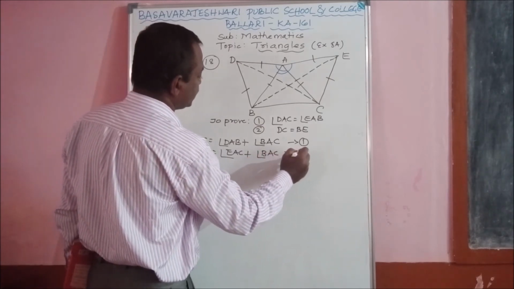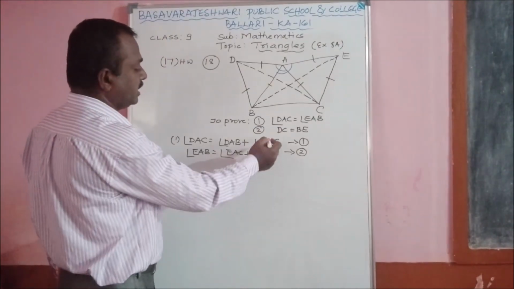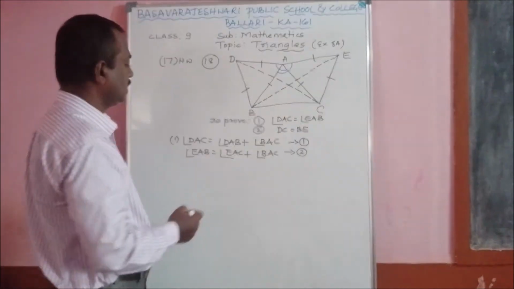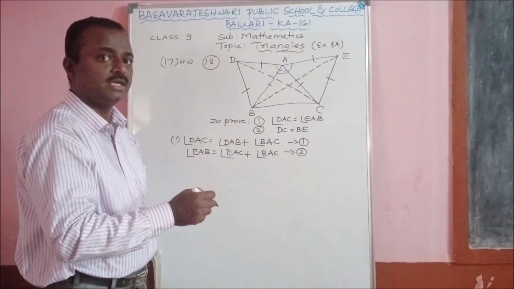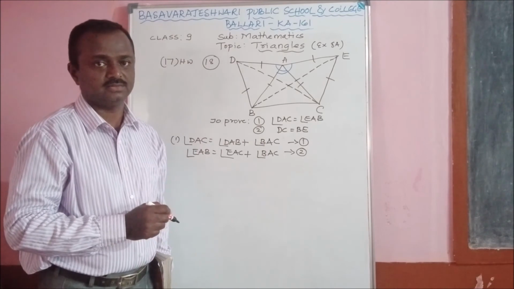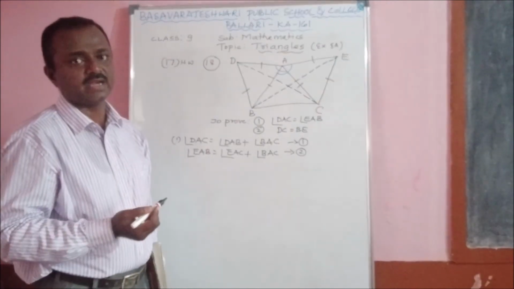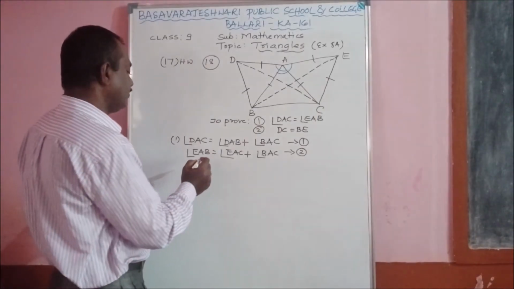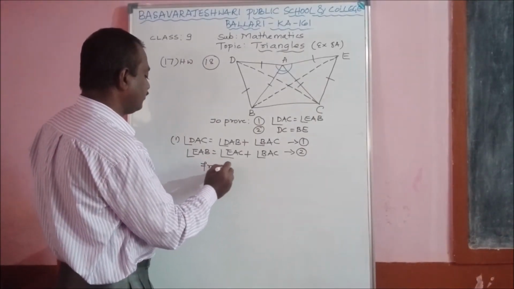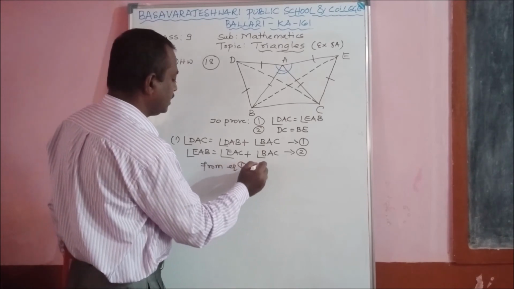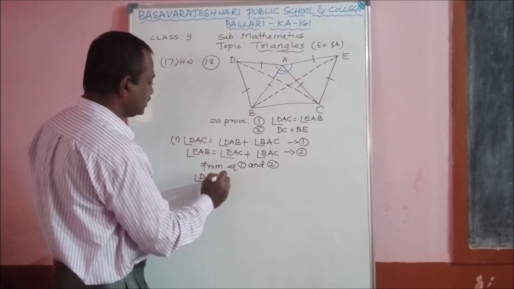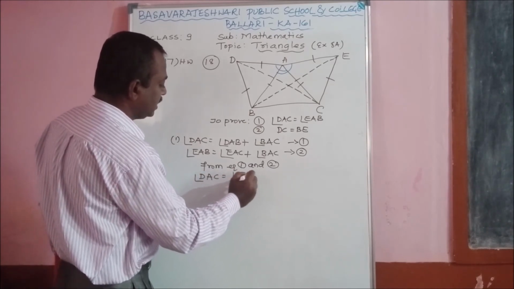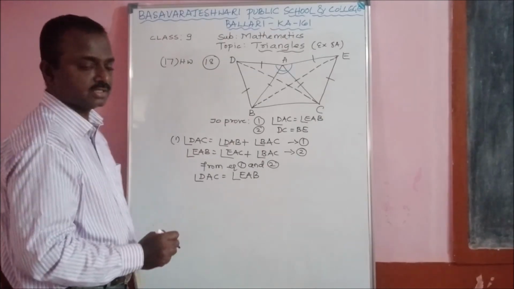What you observe in the RHS? BAC, common angle, equal. Angle DAB is equal to angle EAC because these two angles are the angles of an equilateral triangle. So all the angles in an equilateral triangle are equal, that is equal to 60 degrees. Therefore, from equation 1 and 2, what we can say? Angle DAC is equal to angle EAB. So this is the first answer.